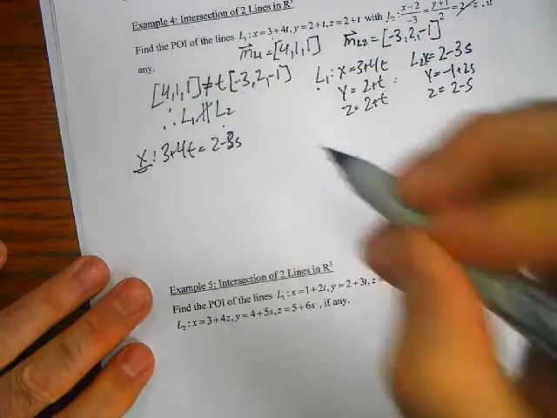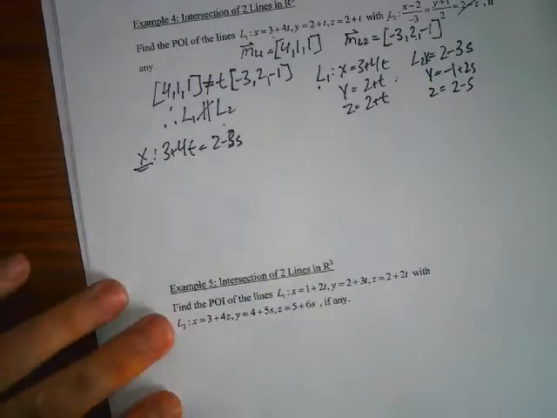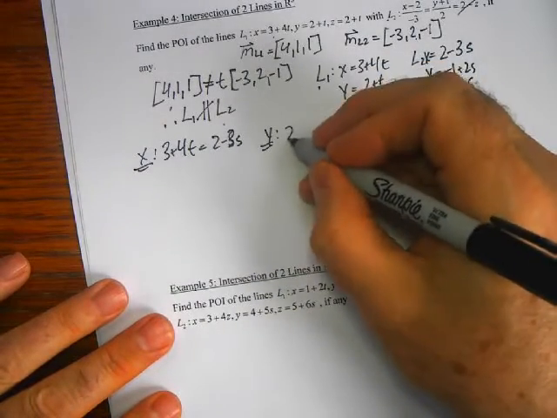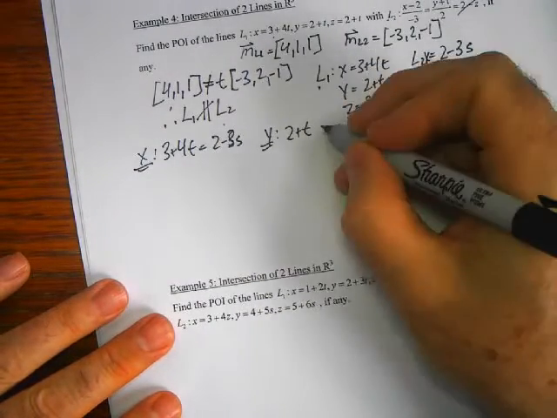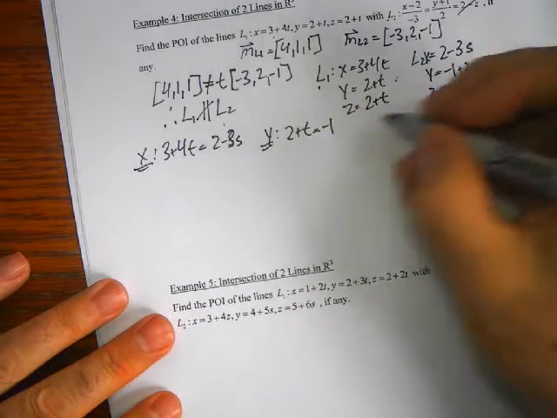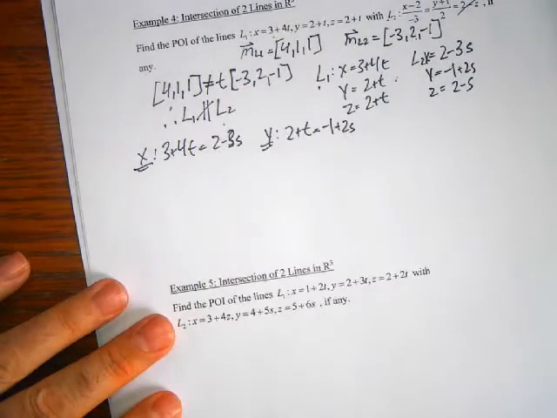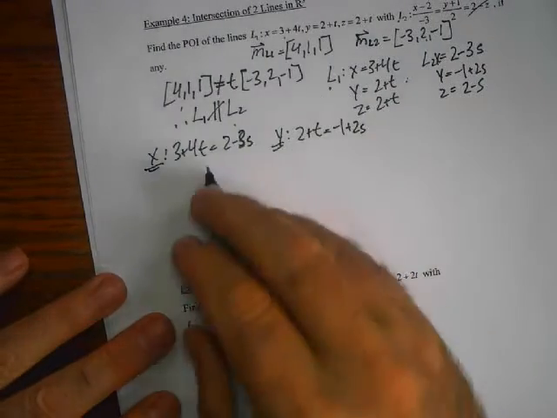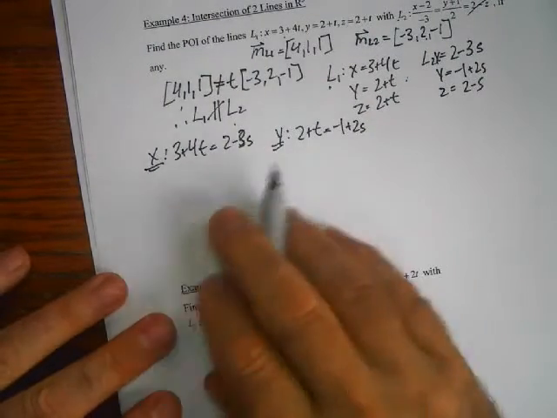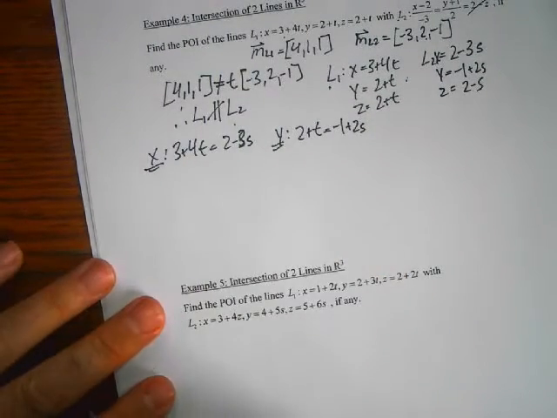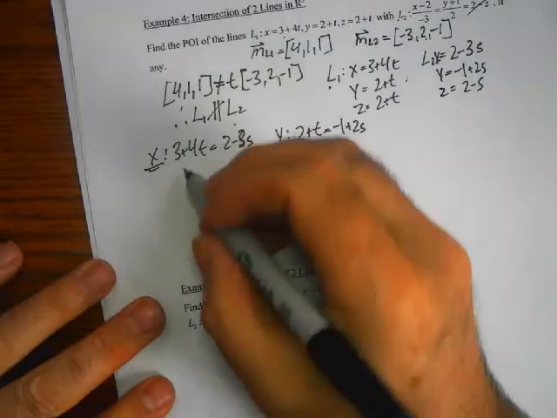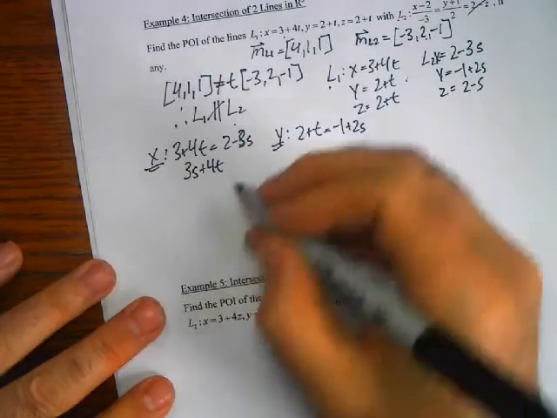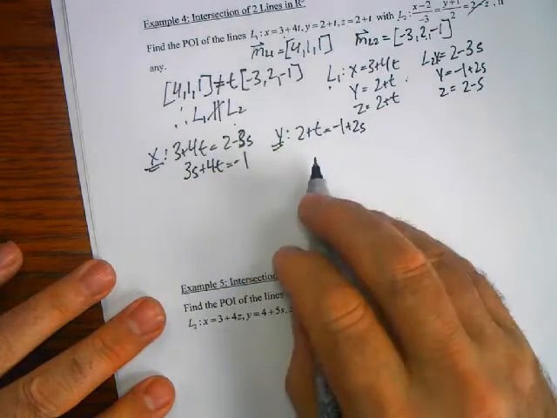And for the y, we set these two equal to each other: 2 plus t is equal to negative 1 plus 2s. It's never really straightforward how to do this. You want to simplify these as much as you can. When I simplify this, I get 3s plus 4t is equal to negative 1. When I simplify this, I get 2s minus t equals 3.